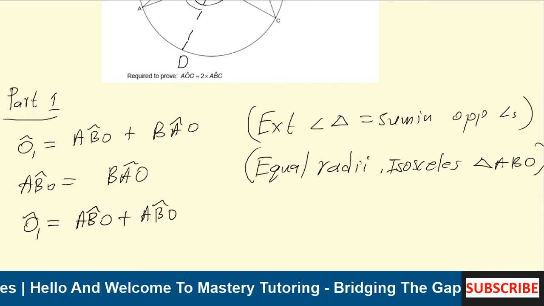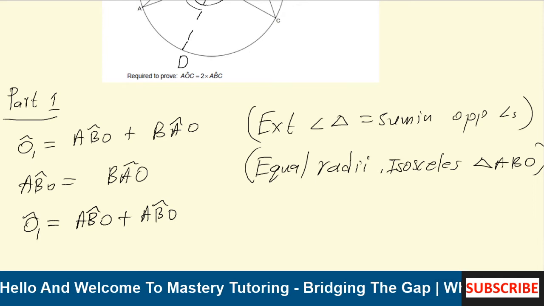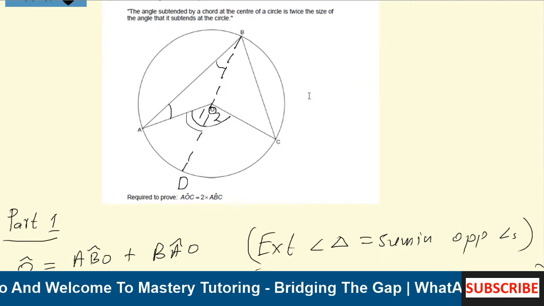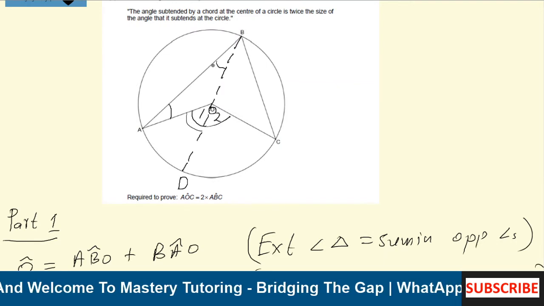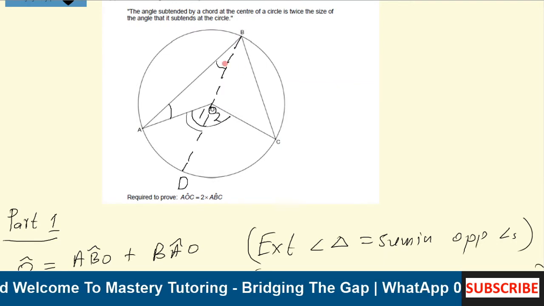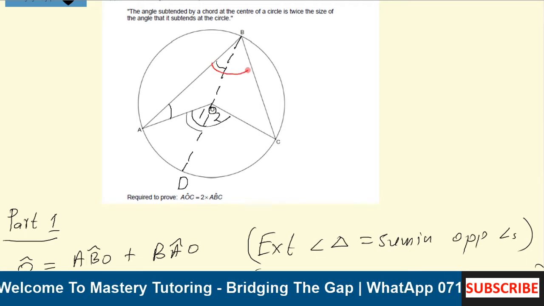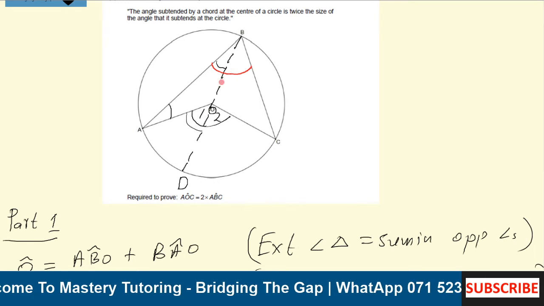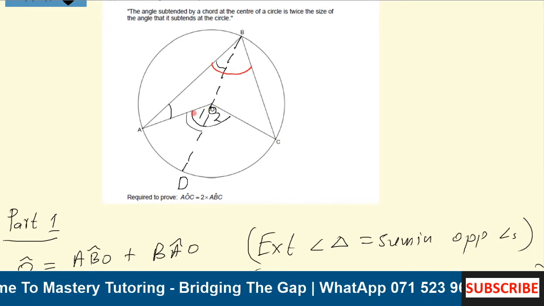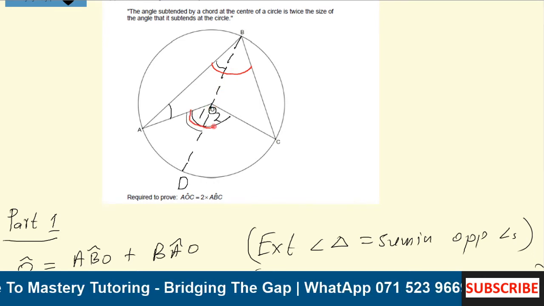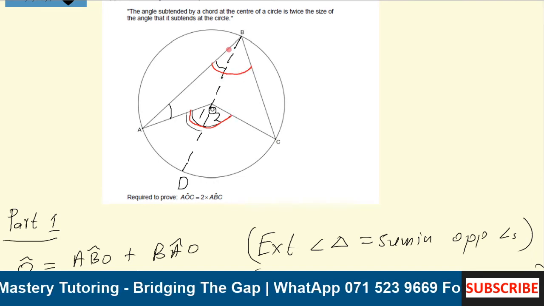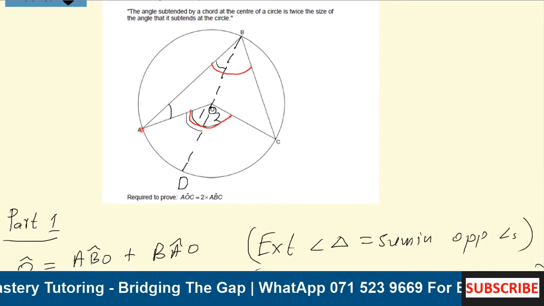Instead of writing both of them, we choose one, and obviously we're going to choose ABO, because we are trying to prove that this whole angle is 2 times that angle.